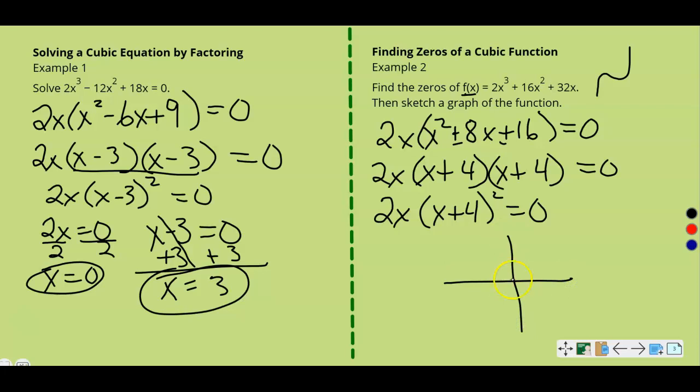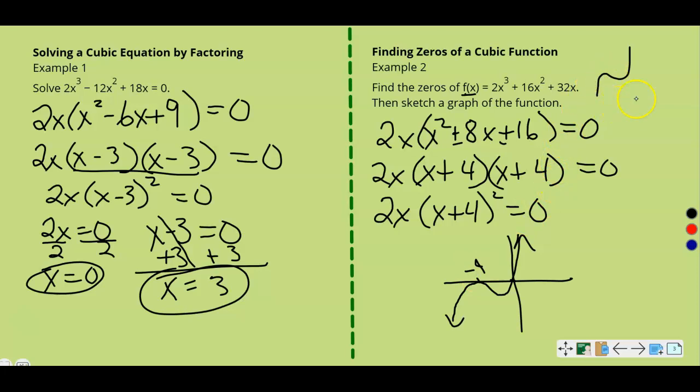We know it's going to cross here. We also know it's going to touch at -4. So let's say this is -4. And we're just going to kind of come up and have something like this.